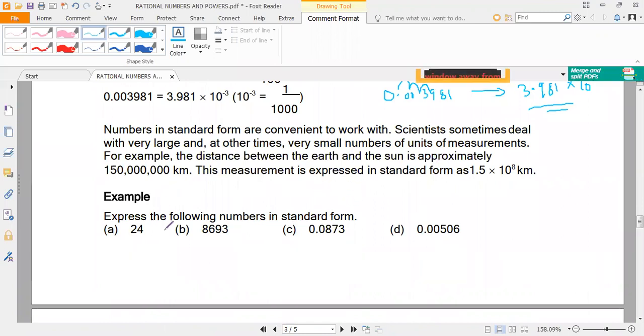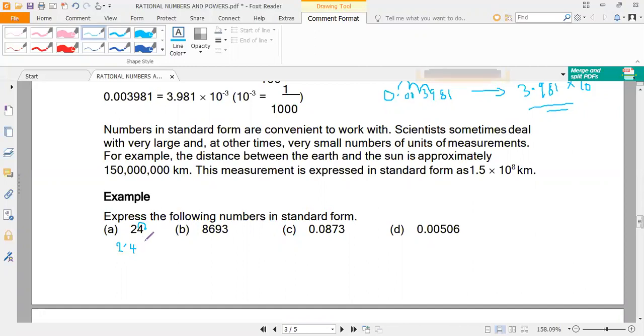So we can also do this for larger numbers. For example, 24, meaning the decimal point is originally at the end here. We have to make sure we leave only a single whole number before the decimal point, and that number should be between 1 and 10, with 1 inclusive. So it will move from here up to here, and the answer will be 2.4.